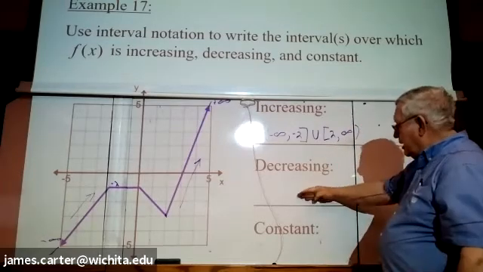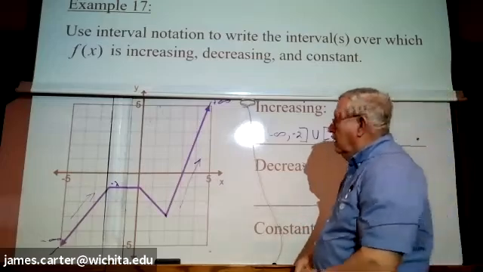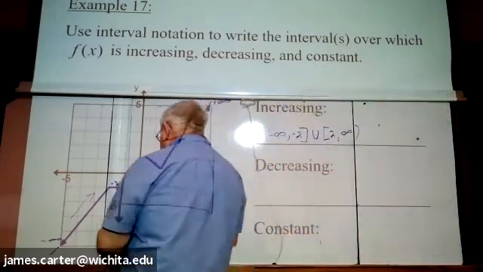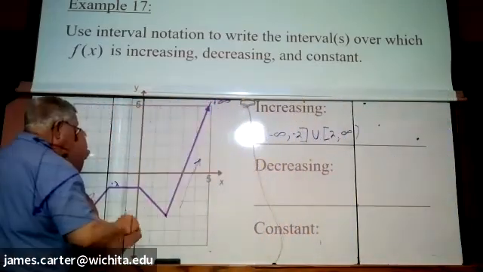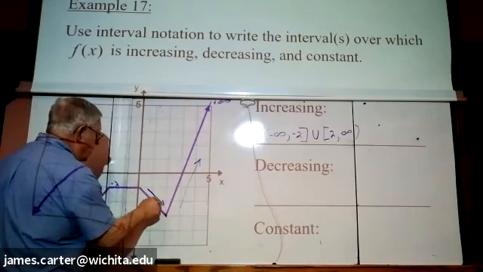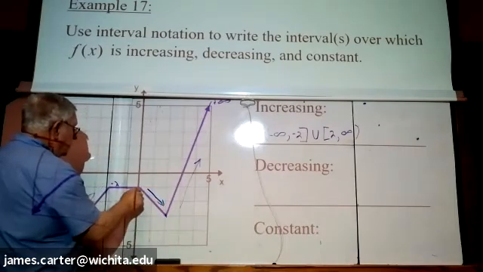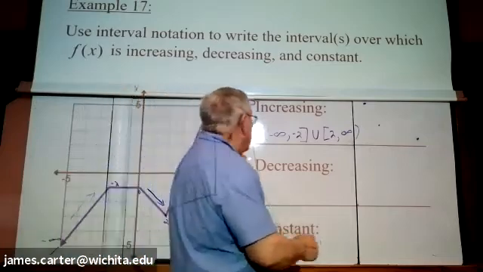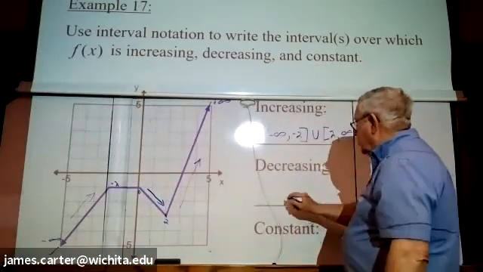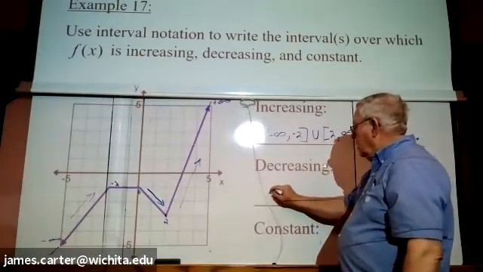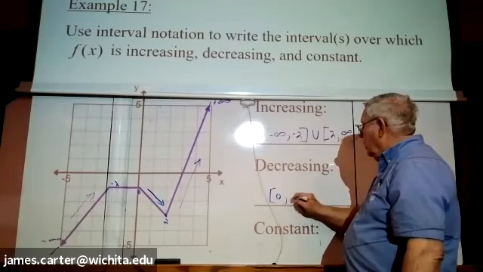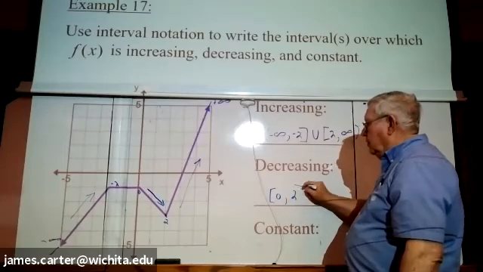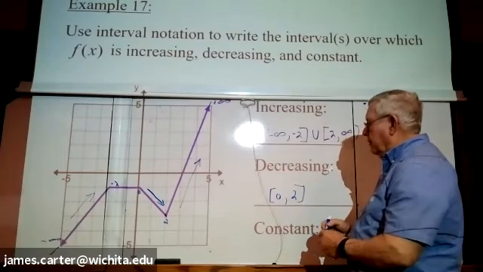Okay, where is it decreasing? Well, the only place it's decreasing left to right is this section right here, from 0 to 2, x equals 2. So the answer then would be inclusive 0 to inclusive 2.